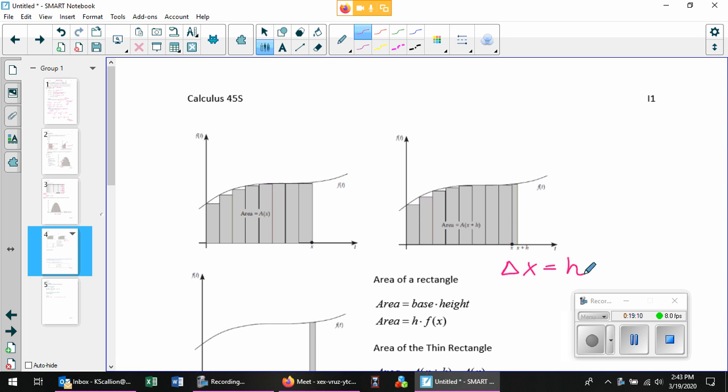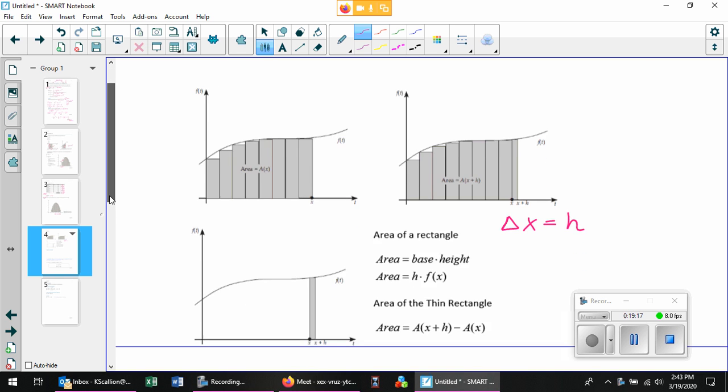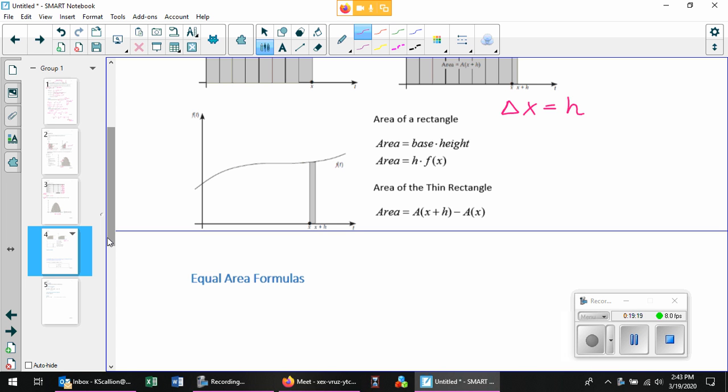It's just the distance between them. So if I want to find the area of that rectangle, area is based on height, right? Easy enough. The f of x we're going to know, but the h, the delta, is your width, or your delta x.